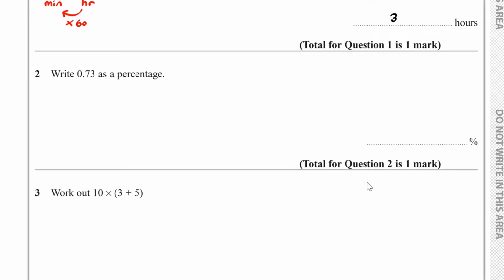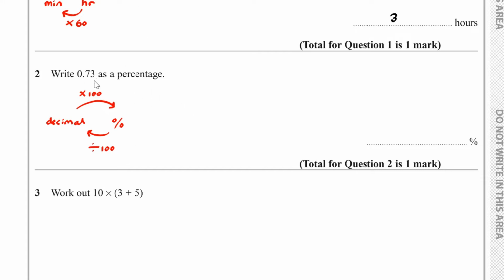Question number 2, we have to write 0.73 as a percentage. To go from a decimal to a percentage, we would have to multiply by 100. To go from a percentage to a decimal, we would have to divide by 100.